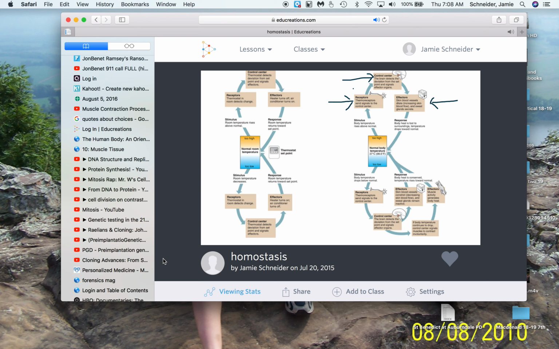Then we have the receptor, and the receptor constantly monitors the environment. So that would be the thermometer. Then we have the effector. The effector brings about a change. So depending on if it's too hot or too cold, you're talking about an air conditioning unit or a furnace if you're talking about a mechanical device.